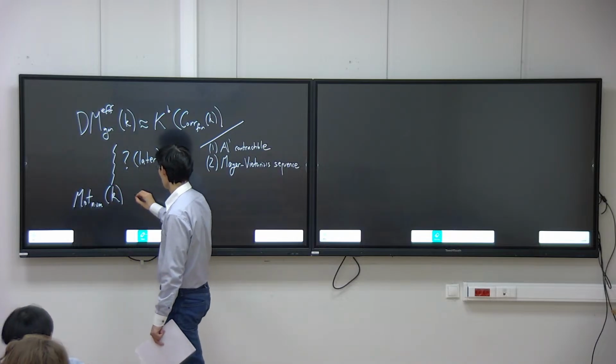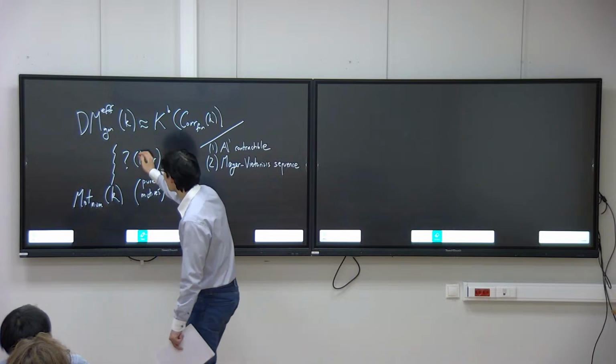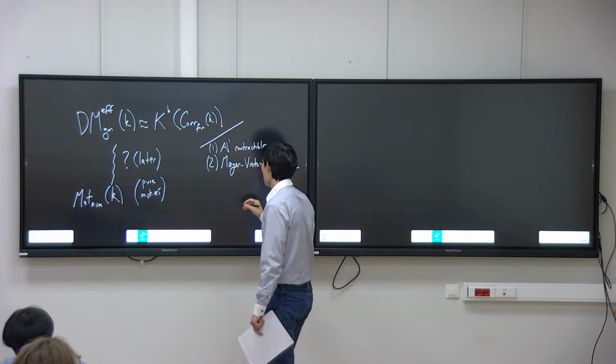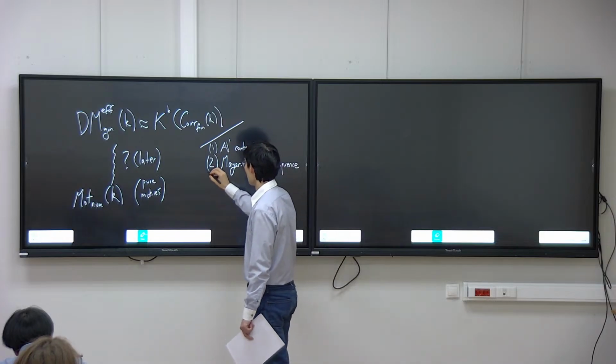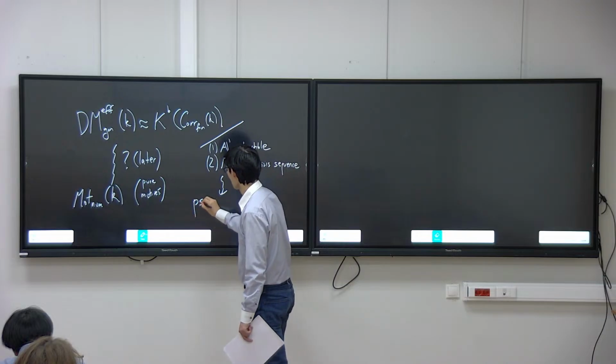So this is like pure motifs coming from smooth projectives. Because we want to compare later on, we also do some pseudo-abelian completion of this.